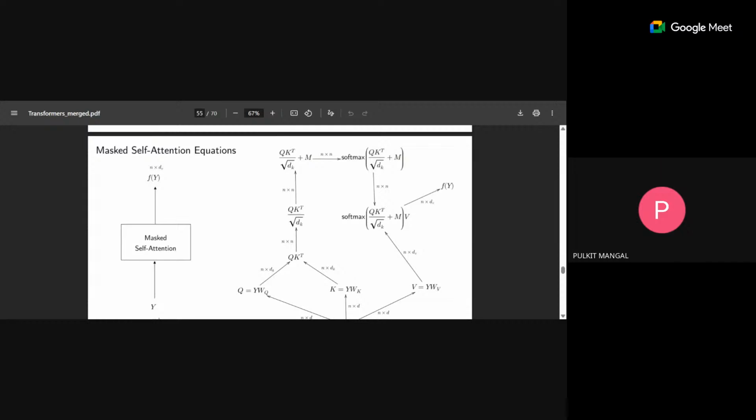When we apply the softmax normalization on that value, we get e to the power negative infinity divided by the summation. What is the value of e to the power negative infinity? 0, correct. So the output of softmax at that position will become 0.